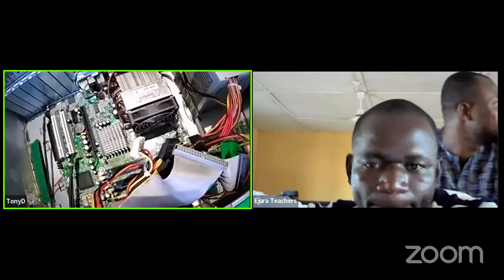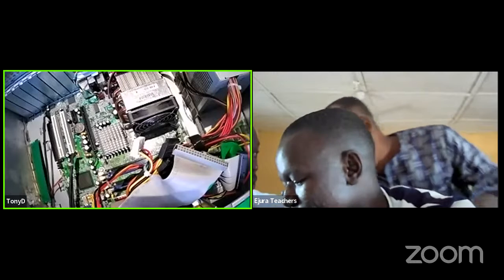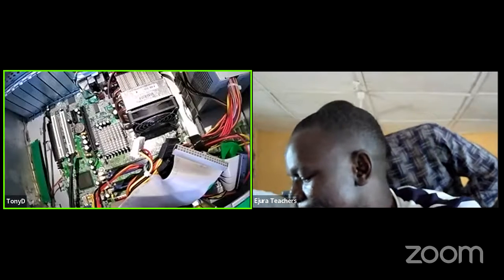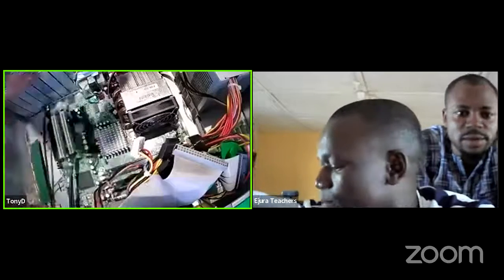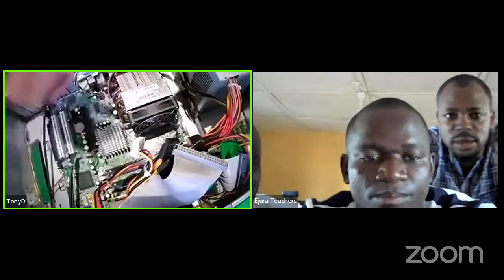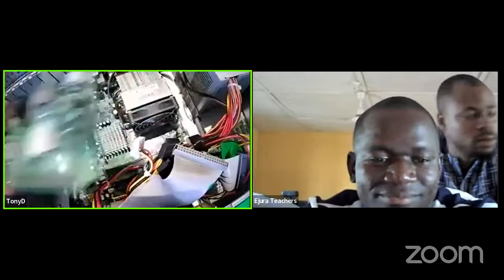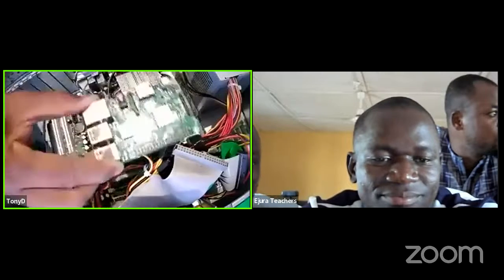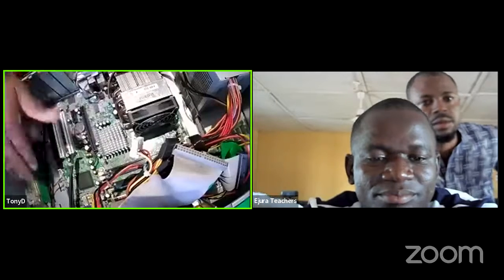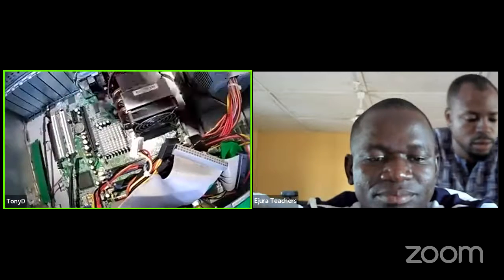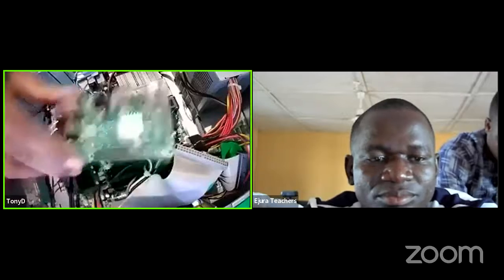So like I said, this guy right here, this is my guy, right? Everything is connected to this. I'm using two computers. This is computer number 1, and this is computer number 2. You all see the different sizes.